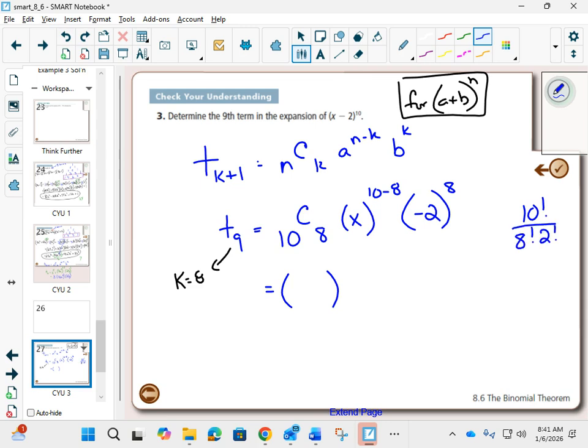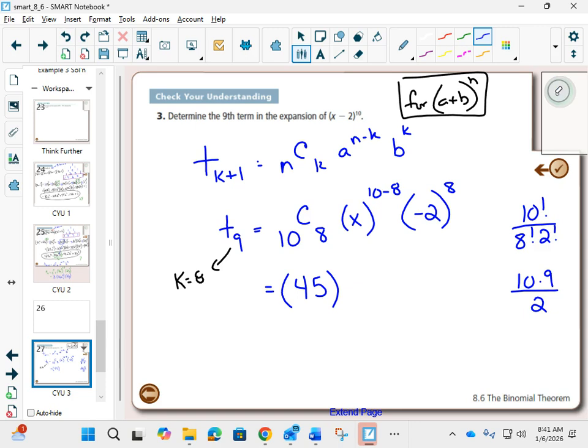That's 10 choose 8. Expand the bigger one until that 8 factorial cancels out. Did you get 45? Right, because you go 10, 9, the 8 factorials would cancel out, and you just have 90 divided by 2, 45.